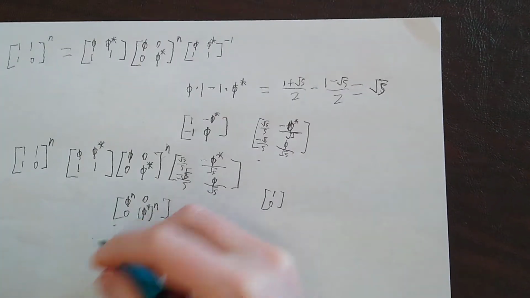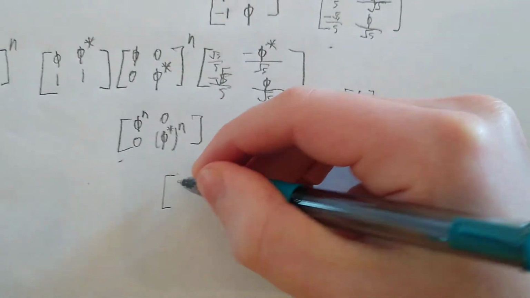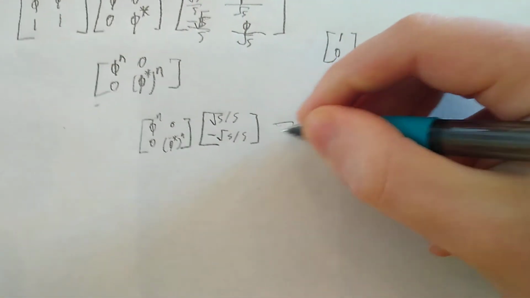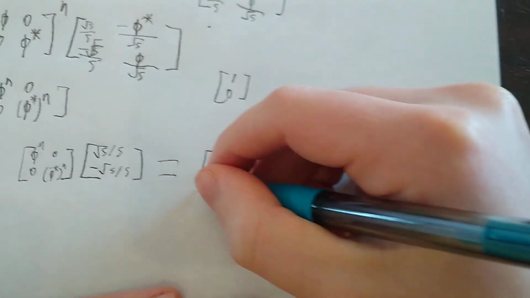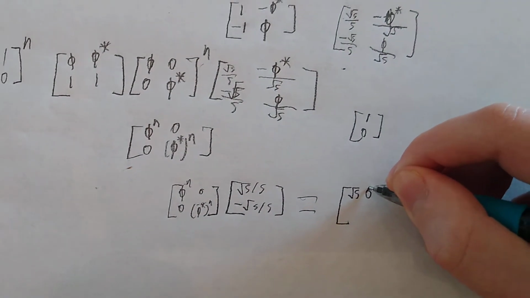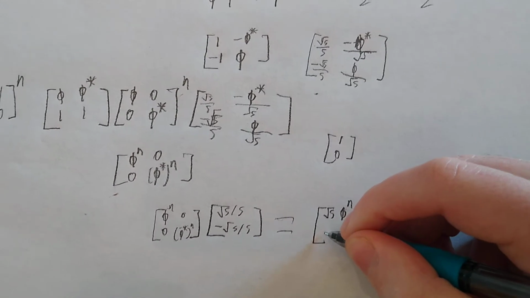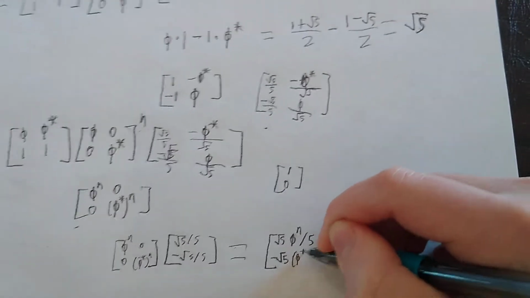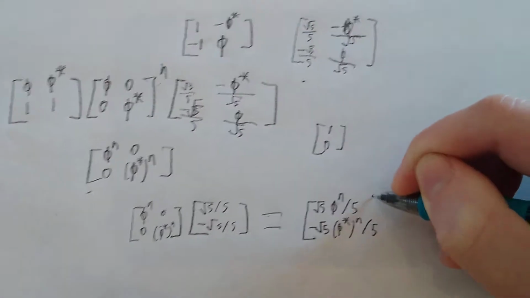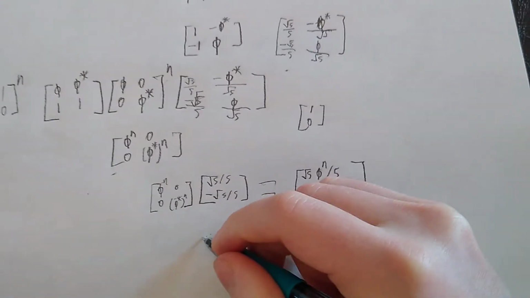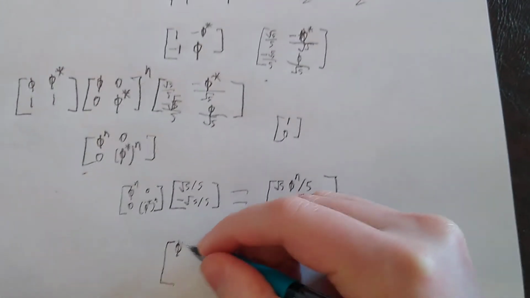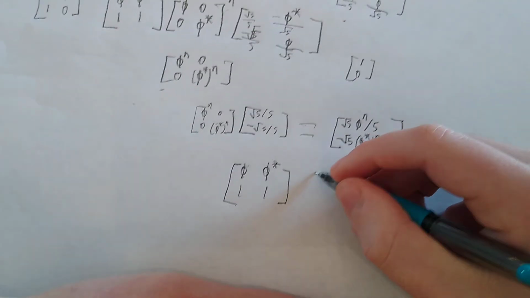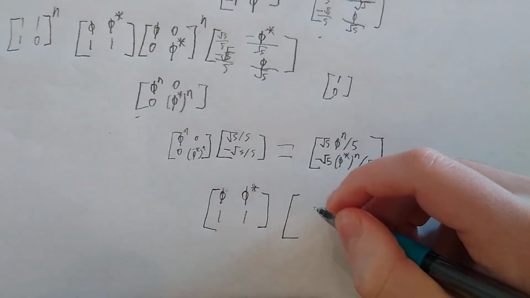Multiply it against this and get, then multiply that by this. Get, let's see.